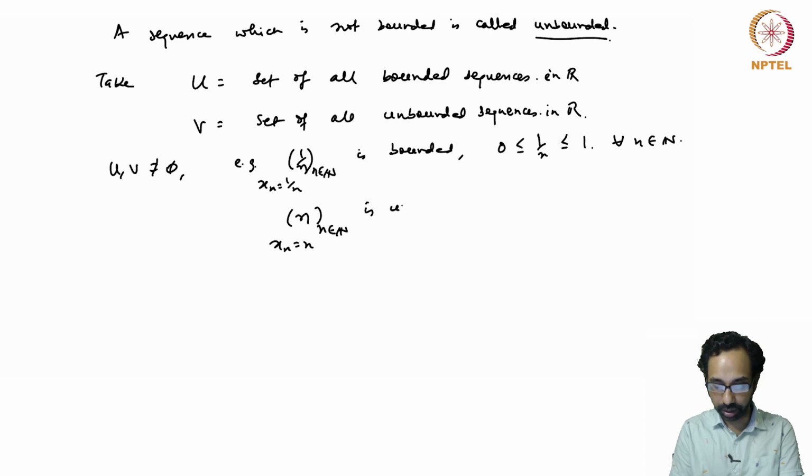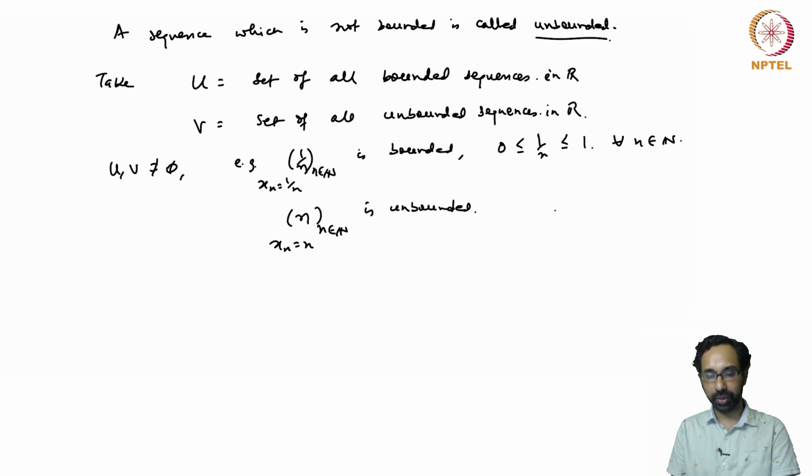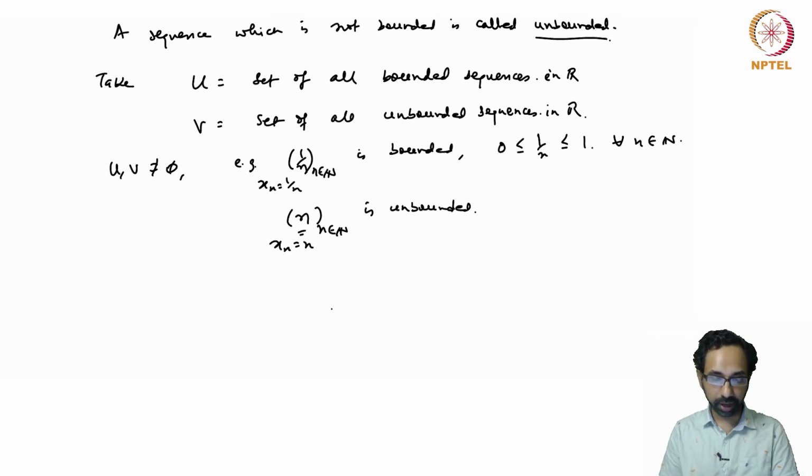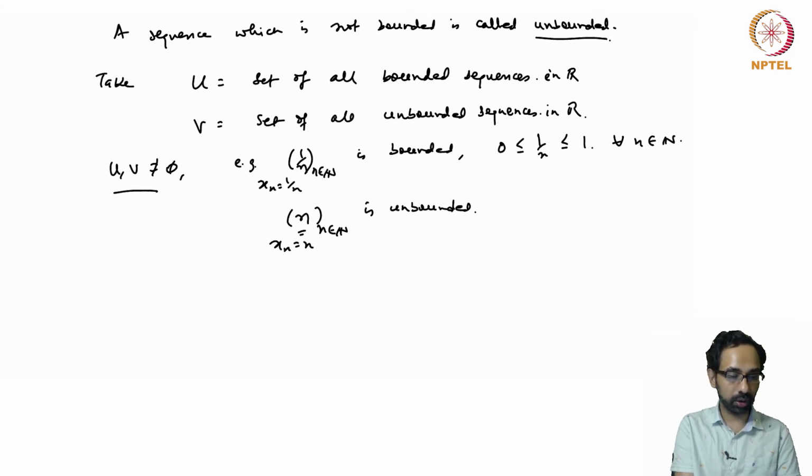So this is unbounded because if you have an upper bound, then it contradicts the fact that you have infinitely many natural numbers in this sequence. So we have explicit elements of U and V, so they are both non-empty.